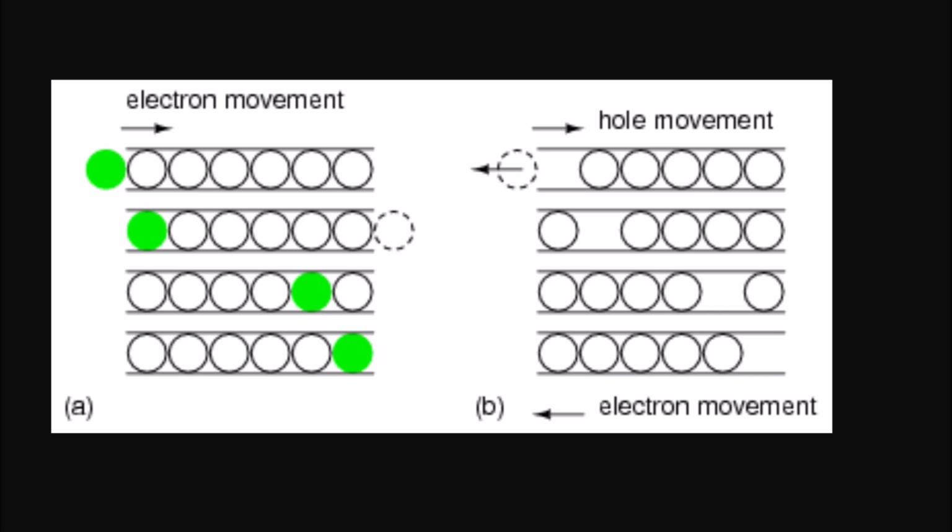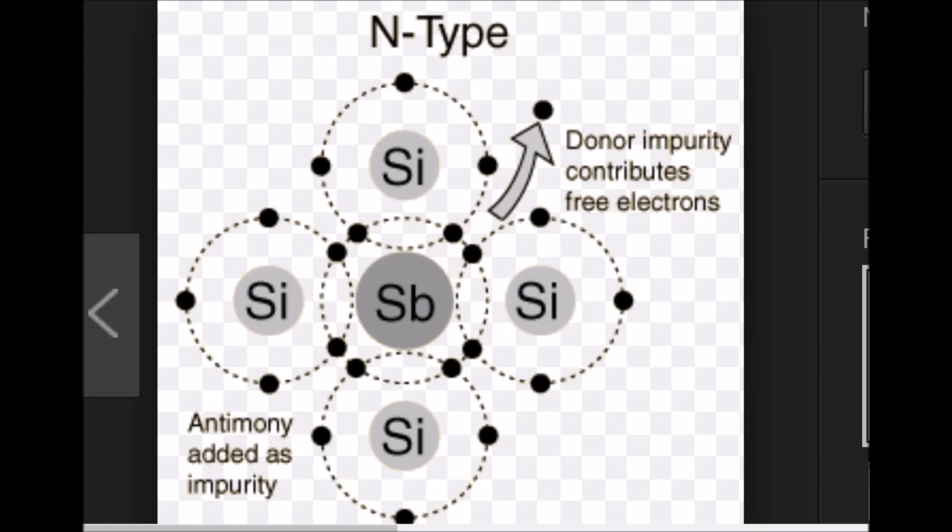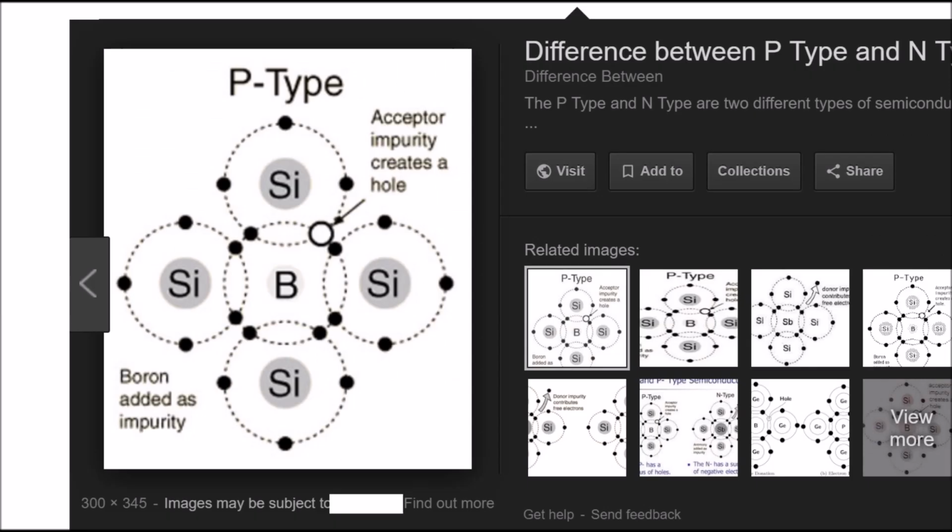Minority carrier. The less abundant charge carriers are called minority carriers. In N-type semiconductors, they are holes, while in p-type semiconductors, they are electrons.